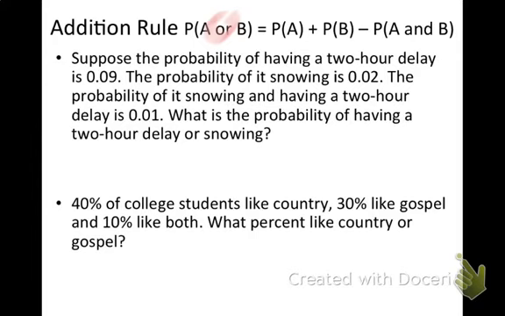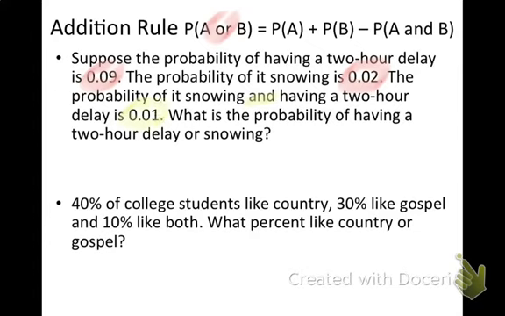All right, so the first one says, suppose the probability of having a 2-hour delay is 0.09. The probability of it snowing is 0.02. The probability of it snowing and, let me underline that, snowing and having a 2-hour delay is 0.01.